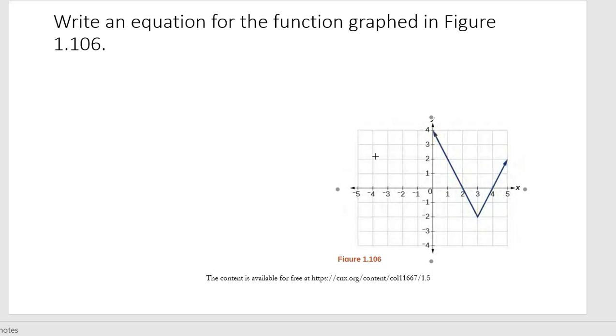Write an equation for the function in the figure. So from the figure we can tell that this graph belongs to an absolute value function because of this corner point. So let's draw the graph of absolute value of x. Here is absolute value of x.